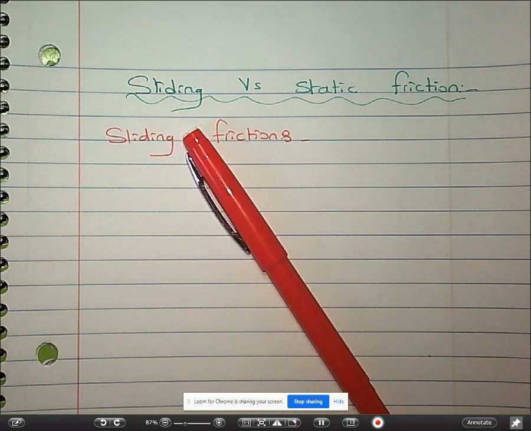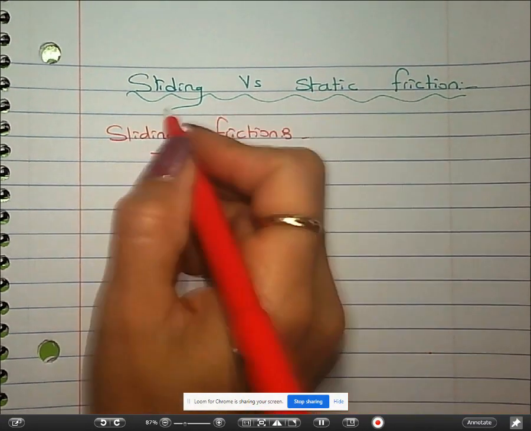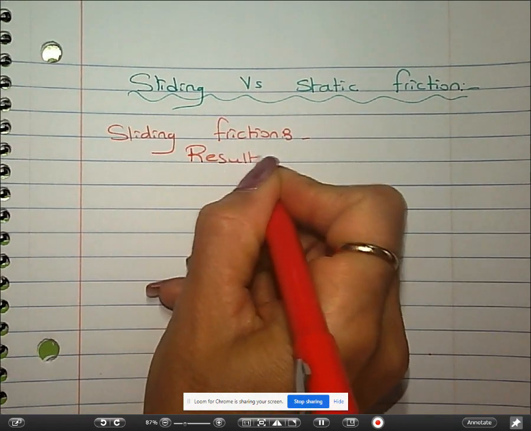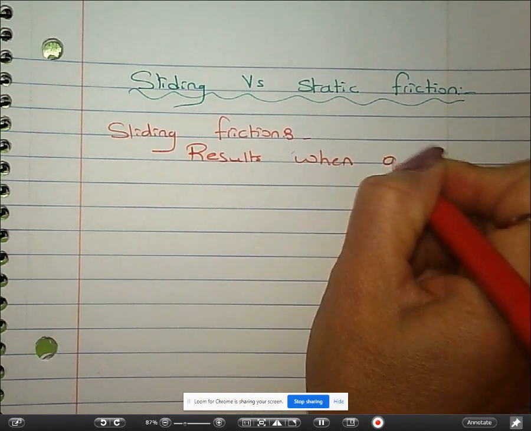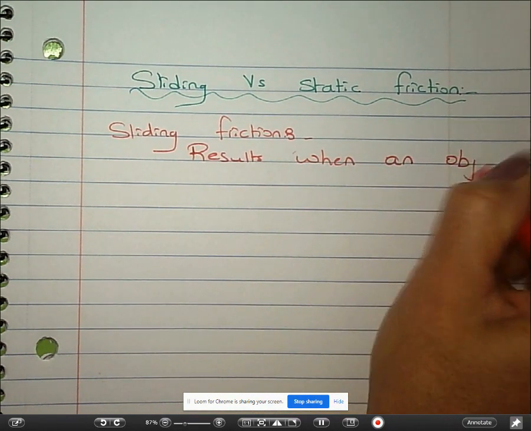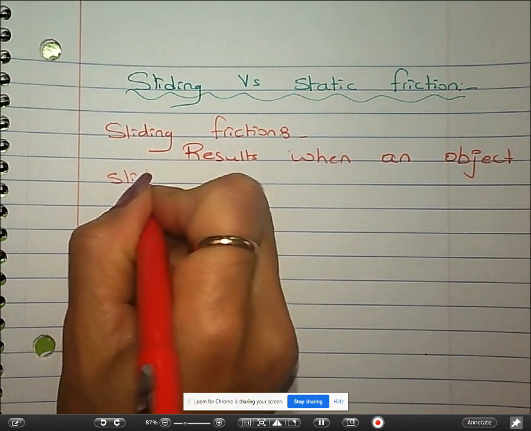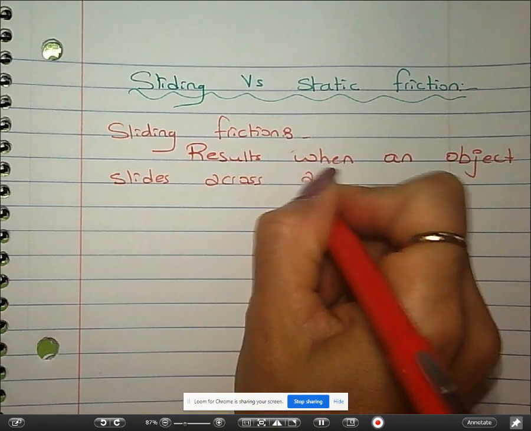We call this the friction force. So the friction force results when an object slides across a surface.